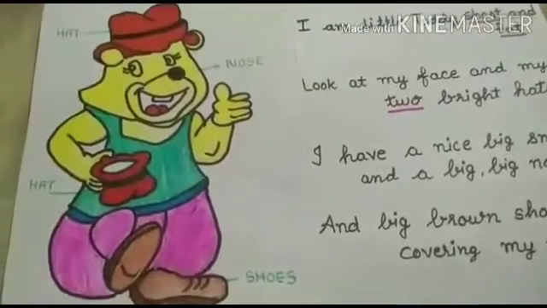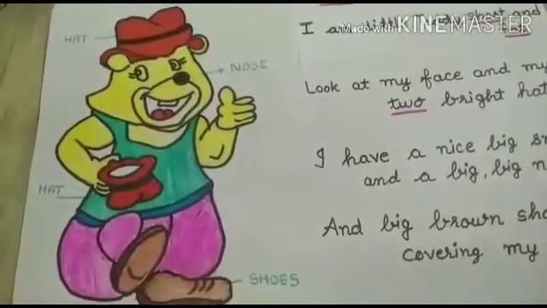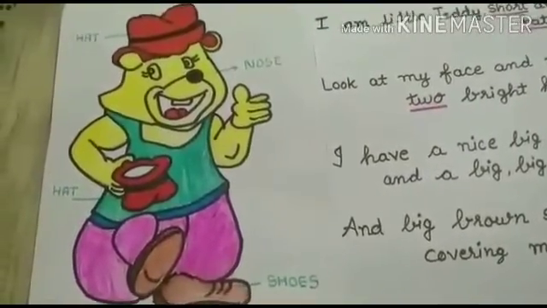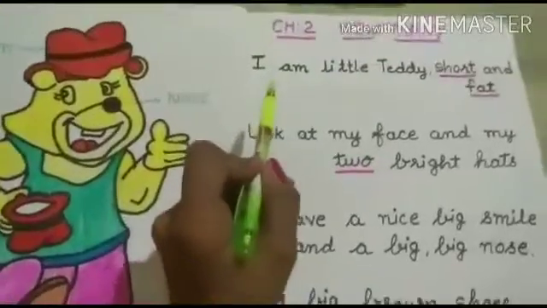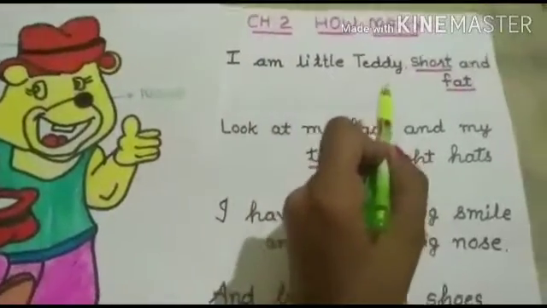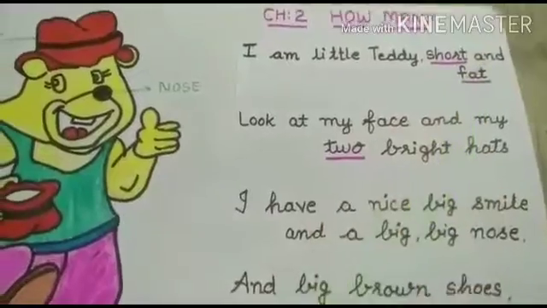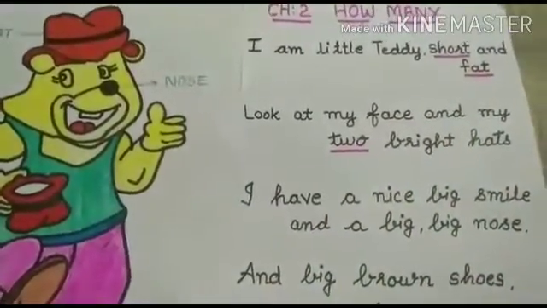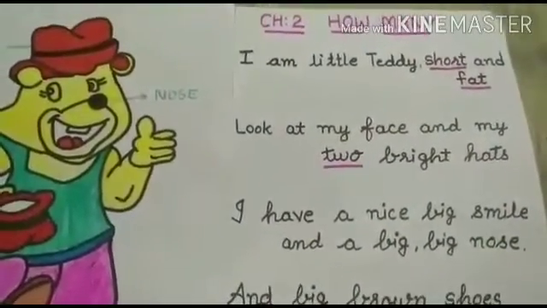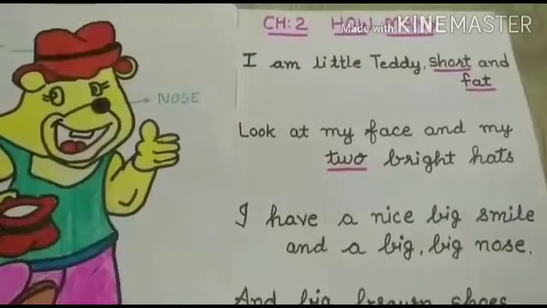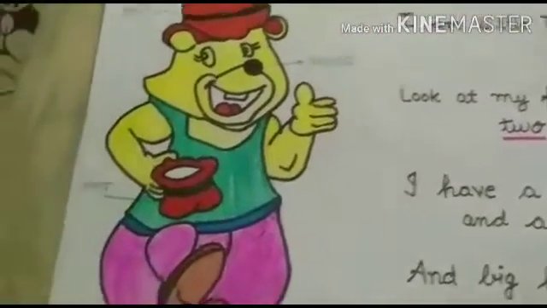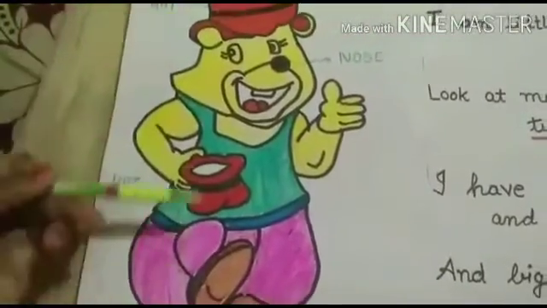In this poem, Teddy is describing himself. I am little Teddy, short and fat. In the first line, he says that he is little Teddy and his height is short.